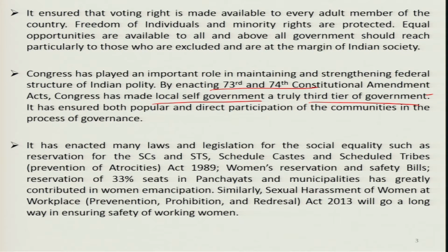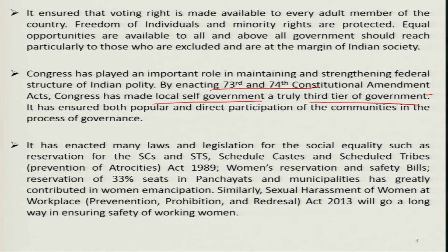forced the states to continuously hold the elections for these bodies, and it has also ensured that the communities and groups directly participate in the governance or take responsibility in terms of managing the affairs that affect them collectively.